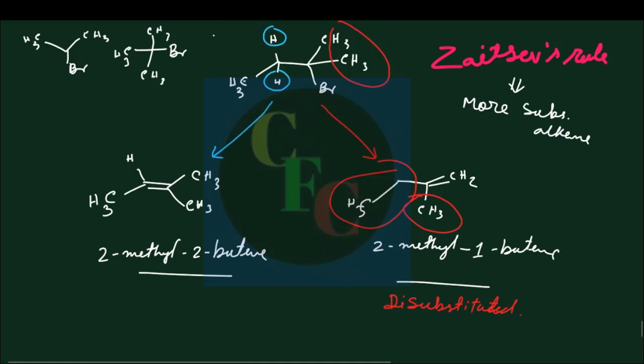Whereas in this case you see it is a tri-substituted product, right? Out of 4 possible places for substituents along a double bond, 3 of them are carbon groups. So this is a tri-substituted product.